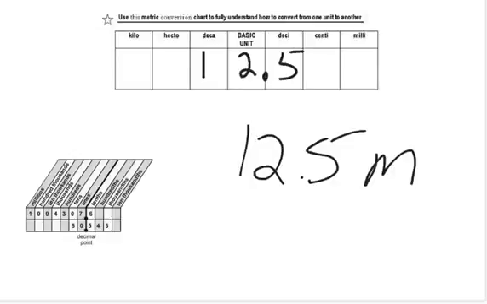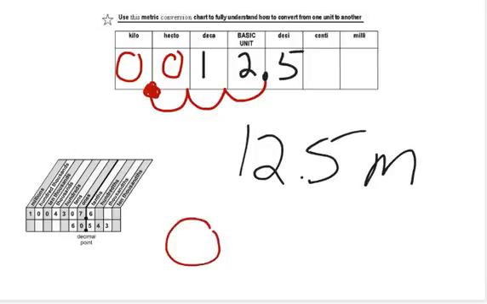Same example, but the other way around. How many kilometers is equal to 12.5 meters? Okay, I'm pretty sure that you understood already. So we are going to move the dot to the left. It's a bigger unit, so the answer will be smaller because kilometer represents a larger unit than meter. So I'm moving it, so I divide by 10, 100, 1,000.